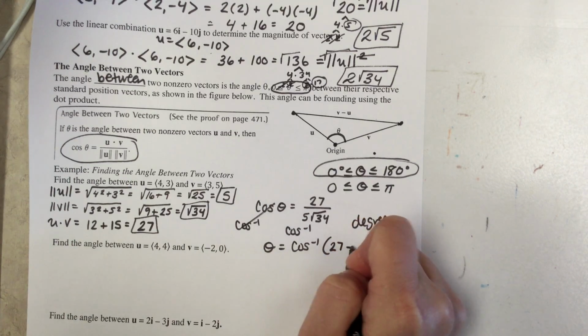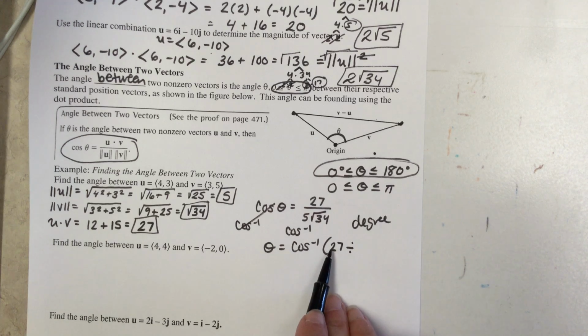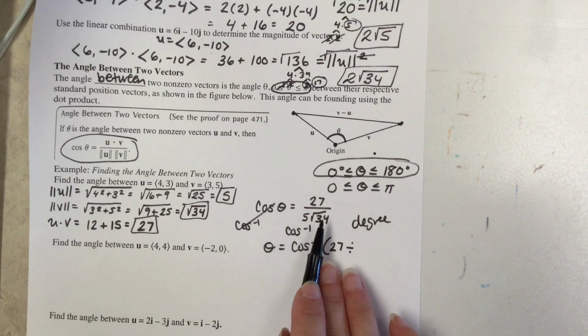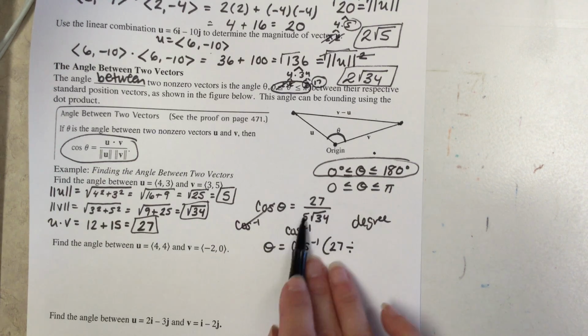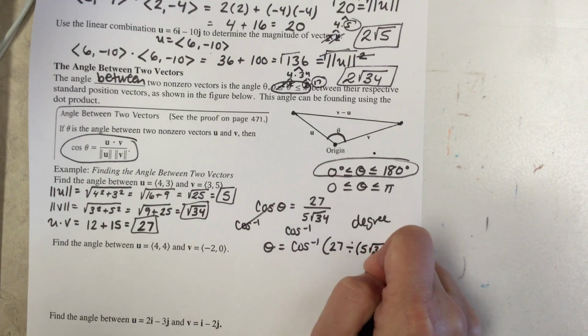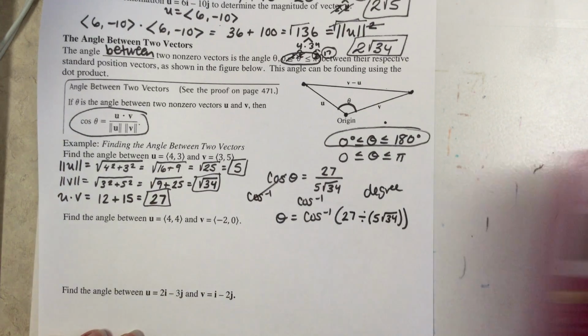It's 27 divided by, and this has to be in parentheses as well, because otherwise it will take 27 divided by 5, then take that quotient times the square root of 34. This is a product that has to be done before you divide. So you do need a separate set of parentheses. So this is what you would enter into the calculator.